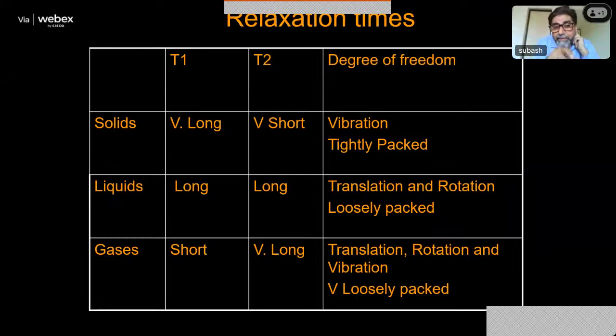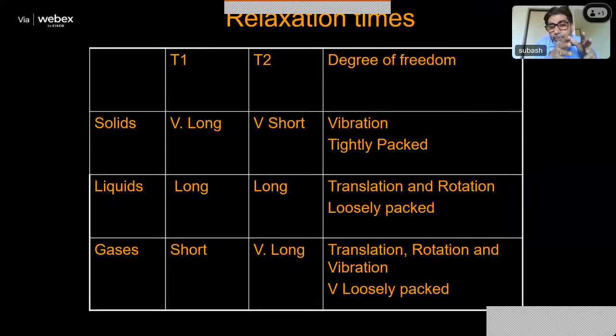duration. The reason for long T1 and short T2 of the solids is the number of degrees of freedom. In solids, there is only one degree of freedom. If you strike a solid, there is only one vibration, the way the energy can be dissipated. So the relaxation process, the energy dissipation to the lattice, is very slow.